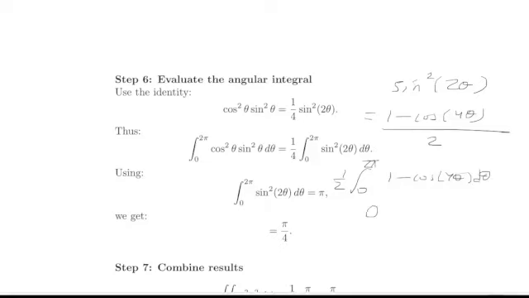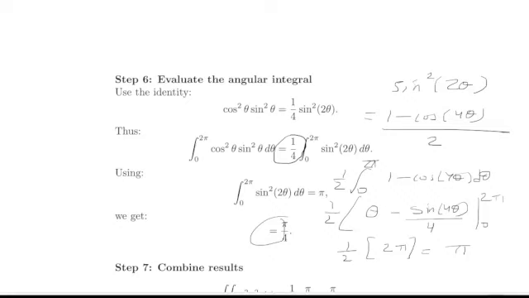Integrating that, we get theta minus sine 4 theta over 4 from 0 to 2 pi, and the 1/2 will be multiplying outside. So you have 1/2 times 2 pi, which is equal to pi. And so we multiply that by 1/4 to get pi over 4.